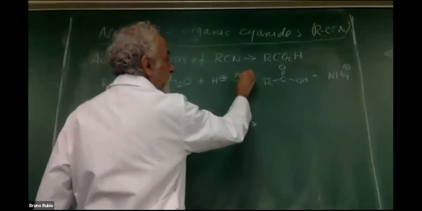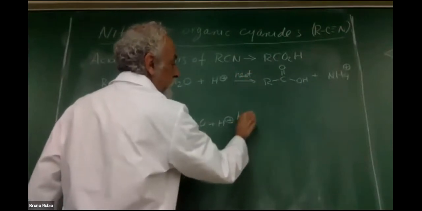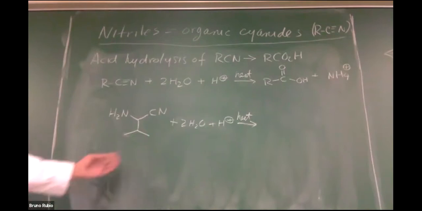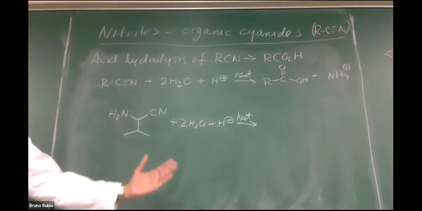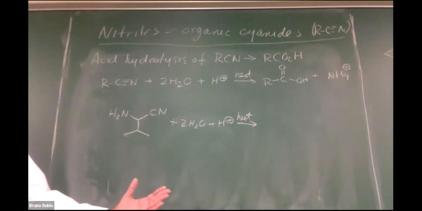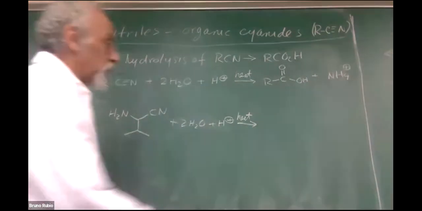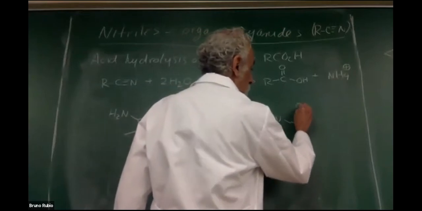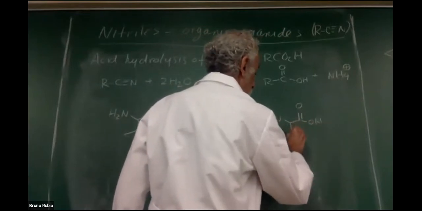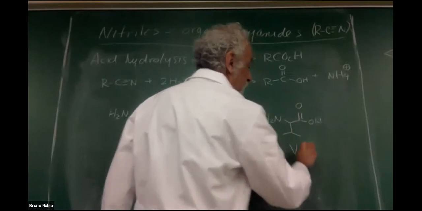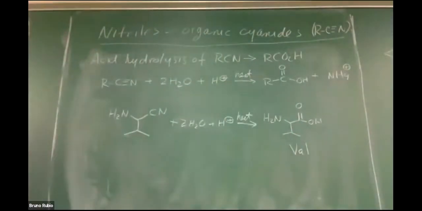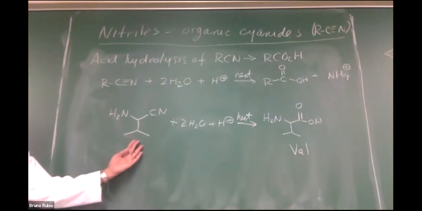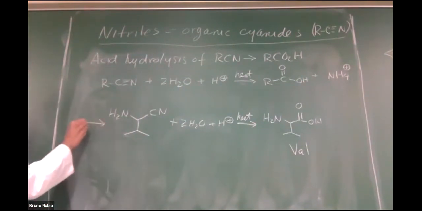Oh, we also need heat here, because this reaction doesn't happen all by itself. What's going to happen? Well, CN minus is going to be converted to a carboxylic acid. And this is the alpha amino acid valine. And how was this guy created using Strecker synthesis?